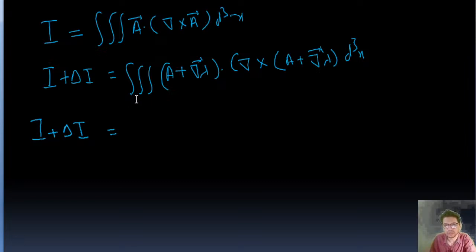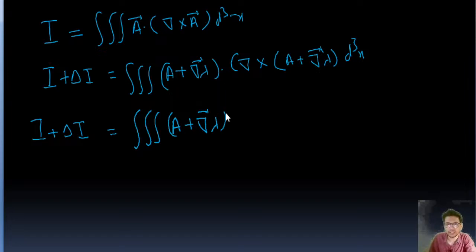So we can write this like triple integration. It's a conceptual question, right? Triple integration, you must know the properties. So this is going to be A plus gradient of lambda, A plus gradient of lambda, dot, we can solve this further, right?